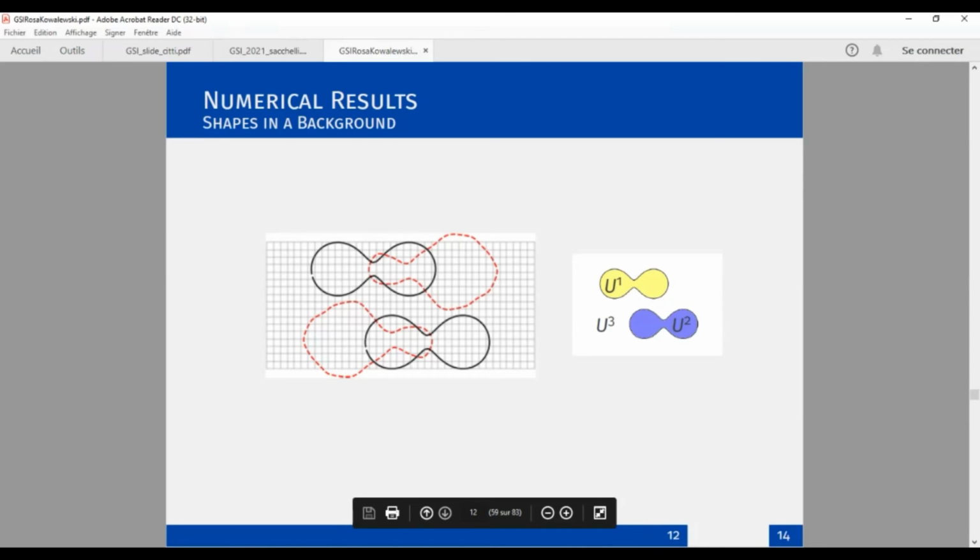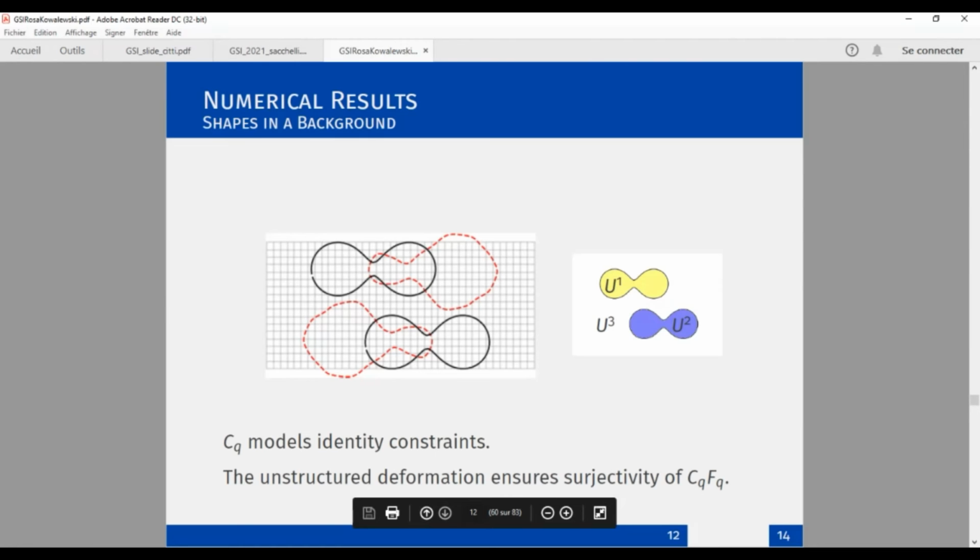We would like to incorporate prior knowledge on the deformation for U1 and U2. We take, as previously, the two local scalings and the translation. And then we don't have any prior knowledge on the background deformation, so we use unstructured deformations for the background.